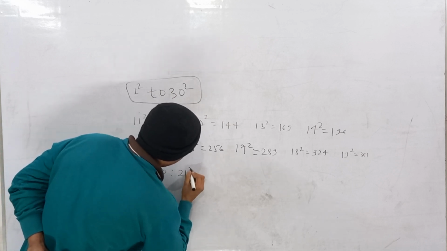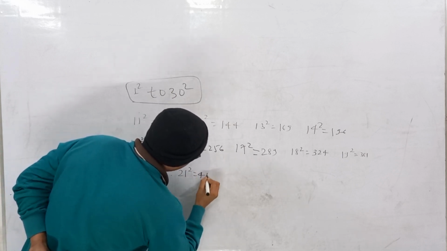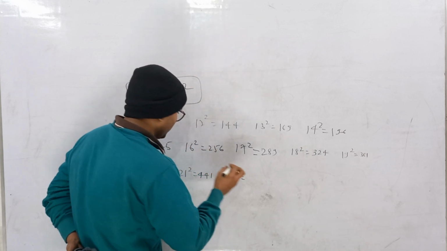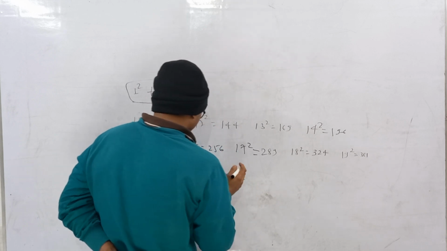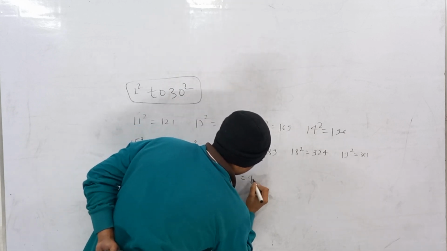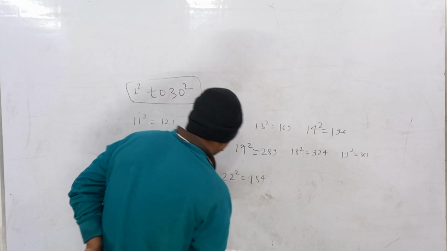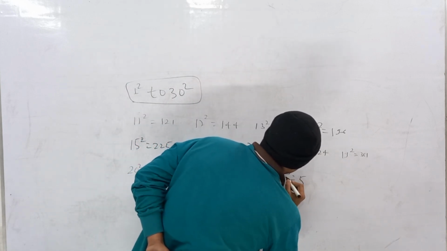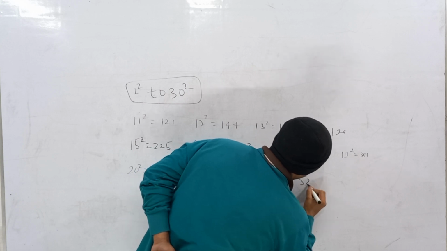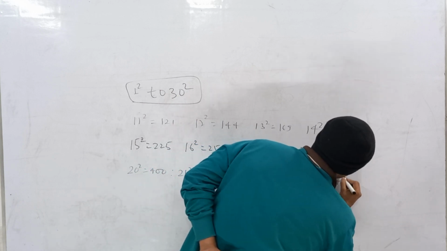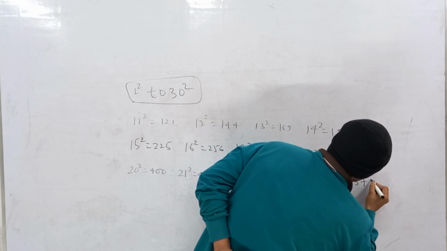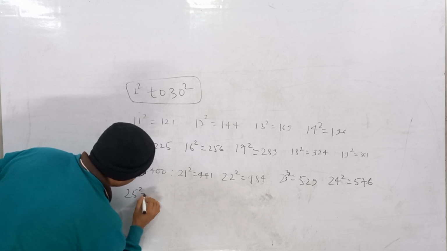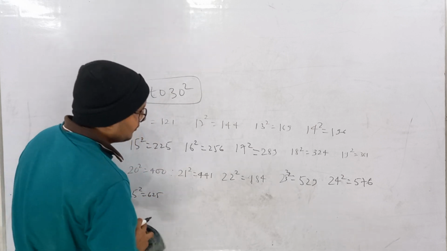Then 21 square is 441. 22 square is 484. 23 square? 529. 24 square? 576. 25 square? 625.